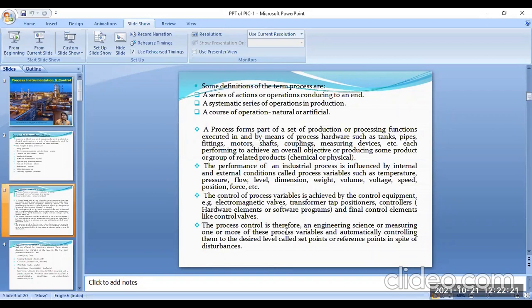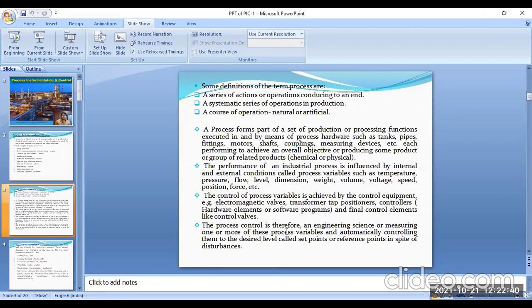In this process unit or production unit, different types of hardware elements are designed. So we use different types of motors, valves, wires, pipes, and fittings.